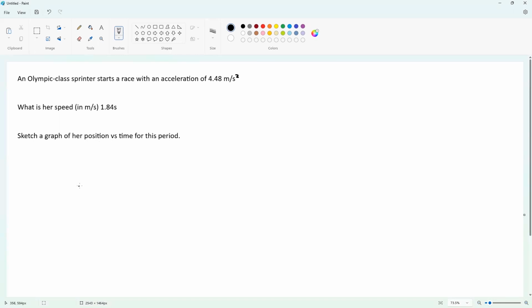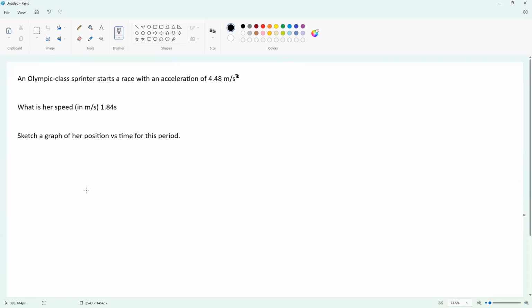No. Constant velocity suggests that there is no acceleration. For example, if you're driving in your car and you're going at 60 miles an hour the entire time, are you accelerating? No. That's right. That's because your velocity is constant. There is no change in velocity.